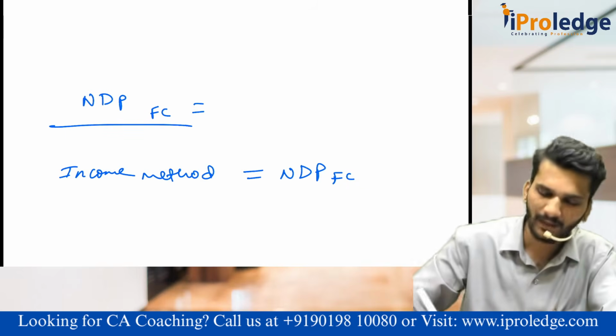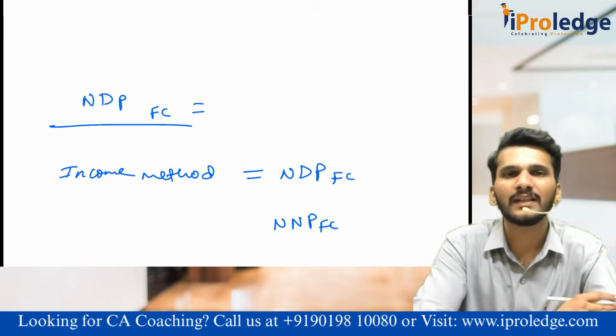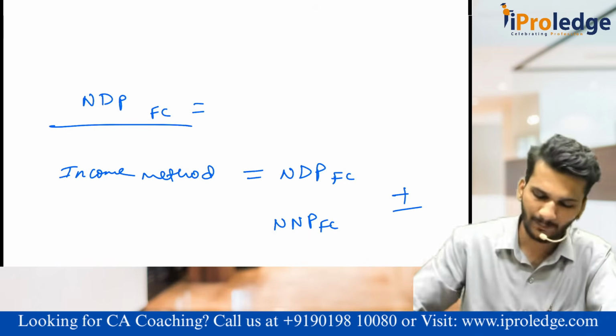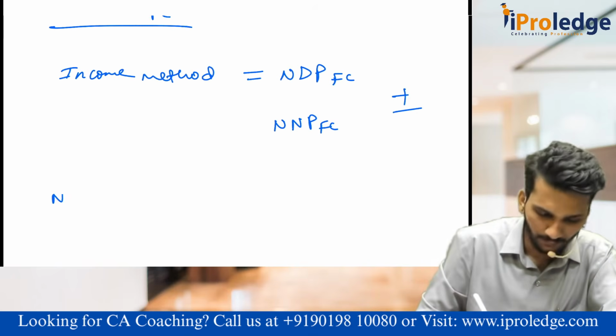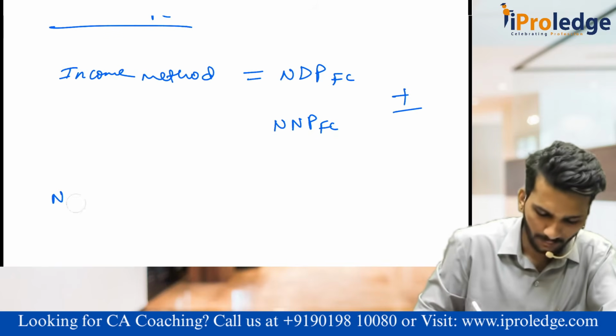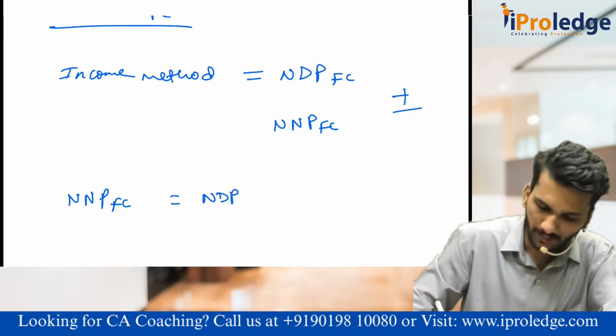Then what is national income? National income means again NNPFC. Sir, how do we get this NNPFC? Again the plus minus approach. Sir, what is the plus minus approach? We want NNPFC, for which we have NDPFC.